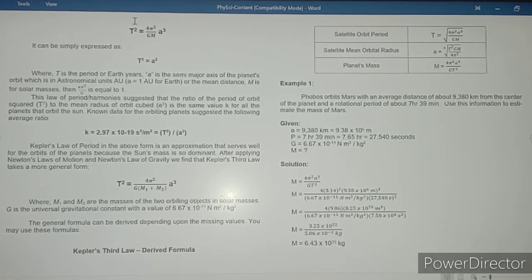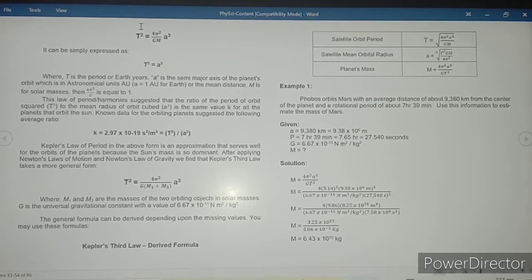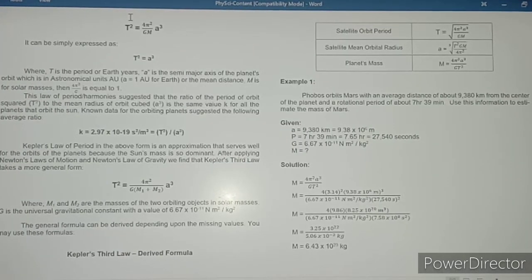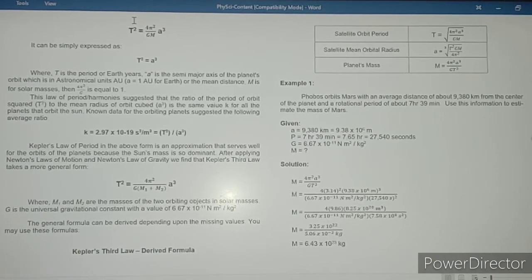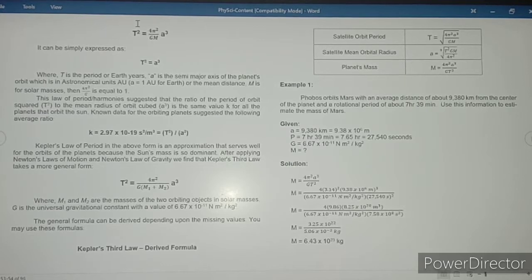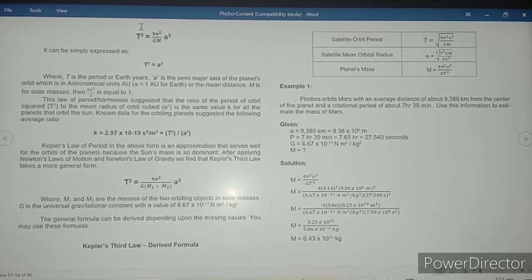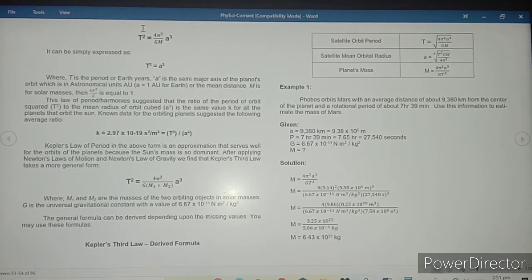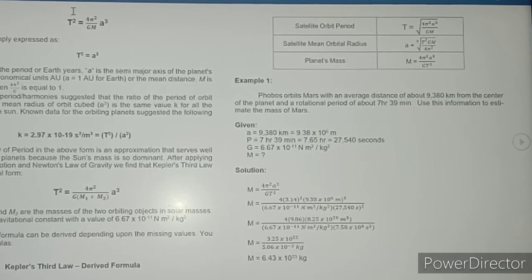So, 7 hours and 39 minutes is equal to 7.65 hours, or it is equal to 27,540 seconds. And we have the given constant value of the universal gravitational constant, which is 6.67 times 10 raised to negative 11 Newton m squared over kilogram squared.